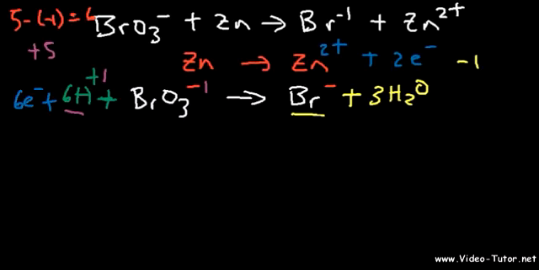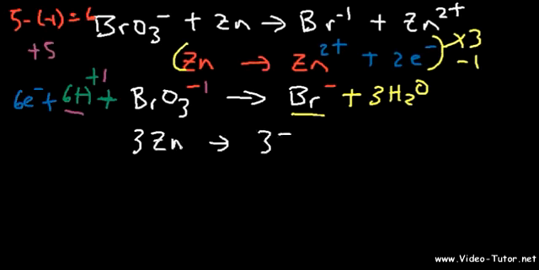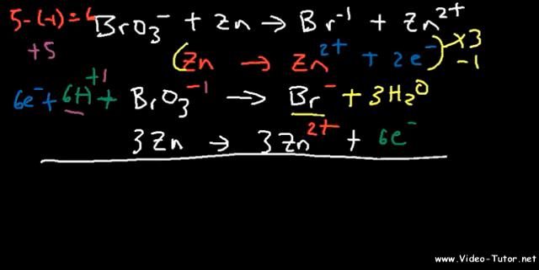However, the number of electrons are unequal, so we have to multiply the zinc reaction by 3. So we have 3 zinc atoms yield 3 Zn2+ and 6 electrons. Now we can add the two equations.